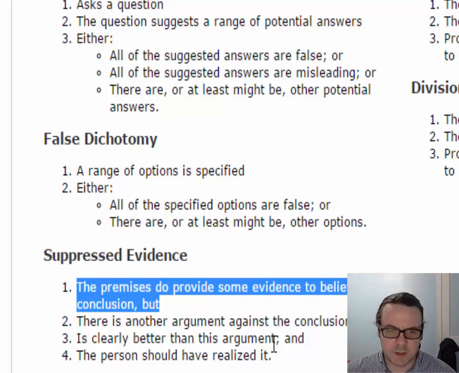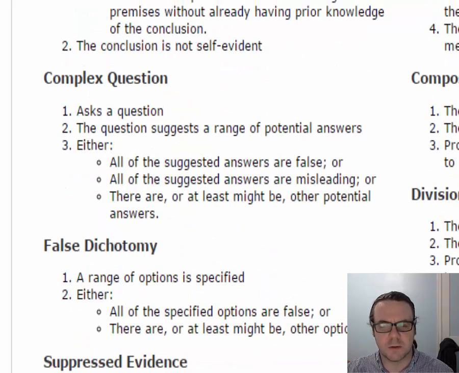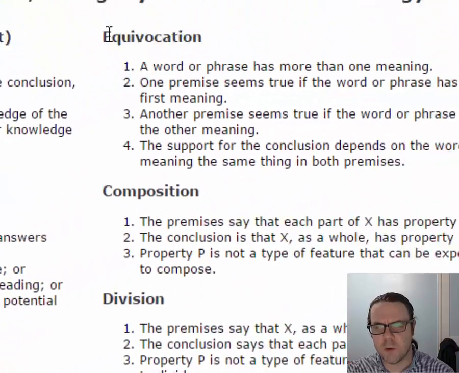It's very difficult to avoid doing this. Probably everyone does it now and then, but it still fits the description of this fallacy. So that's suppressed evidence. The next fallacy is called equivocation.